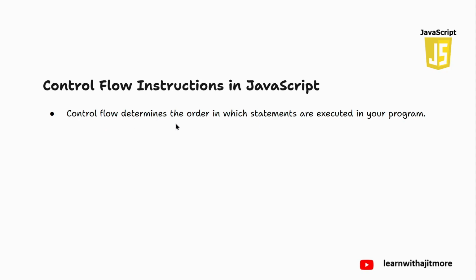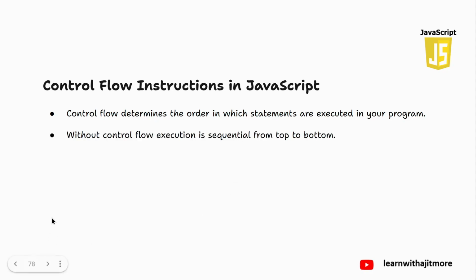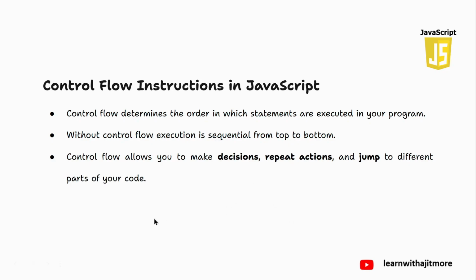So control flow determines the order of execution. Okay? Without control flow, the execution is strictly from top to bottom. First instruction till last. Sequential. What all things come under this control flow?